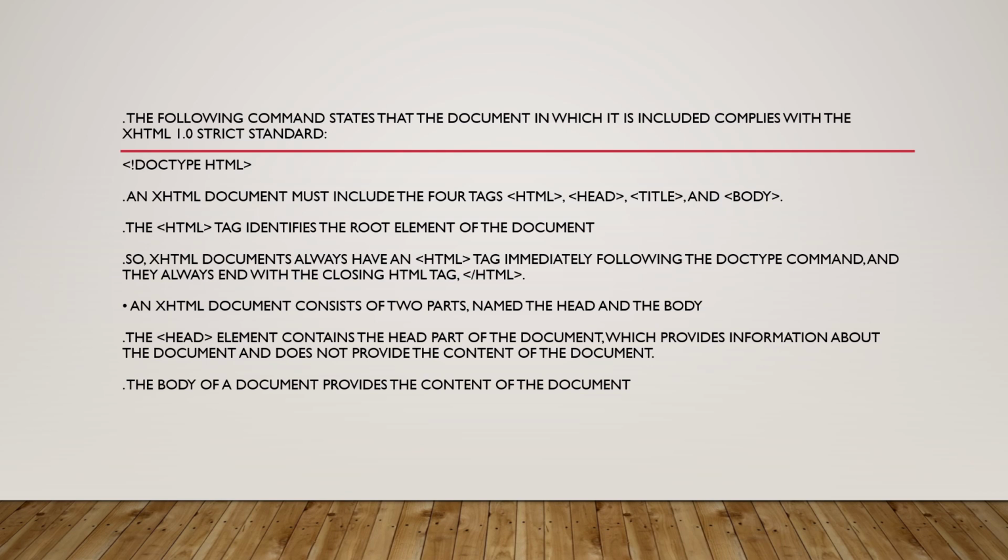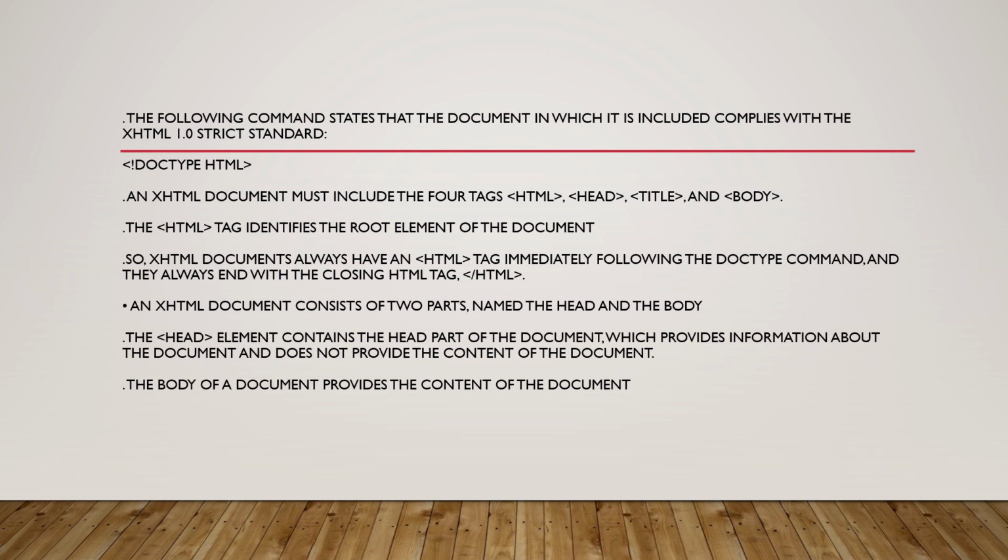HTML means the root element, head is used to contain the page's HTML metadata, title is the page title of the HTML page, and body is the whole content of HTML.